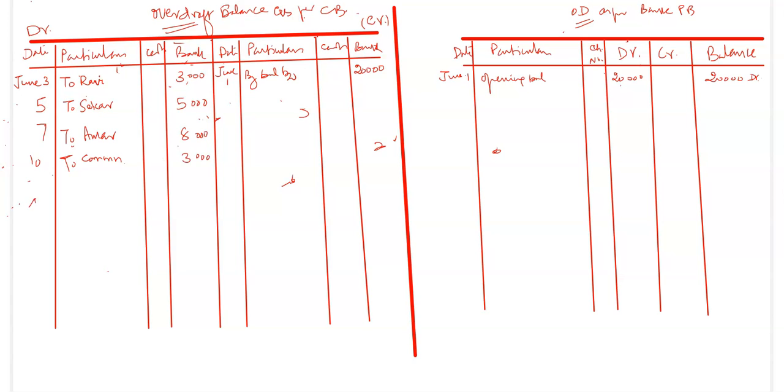On 15th, to Rahim, get another 7,000, let us assume.